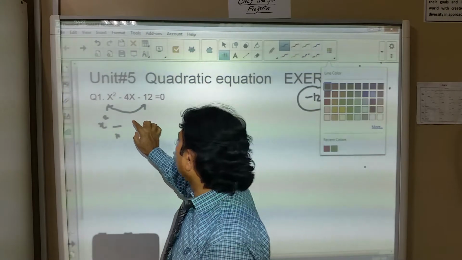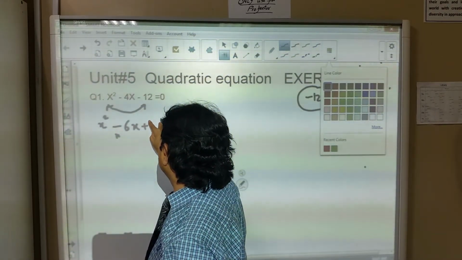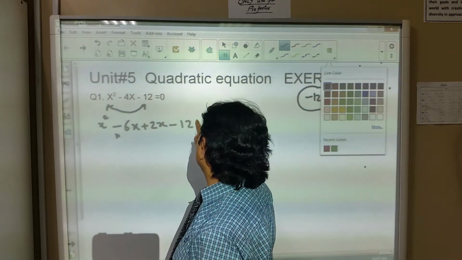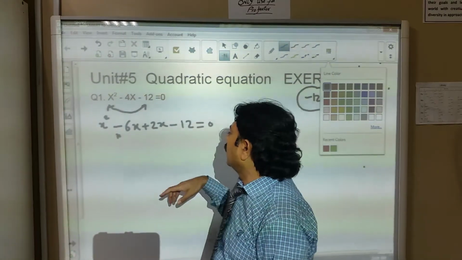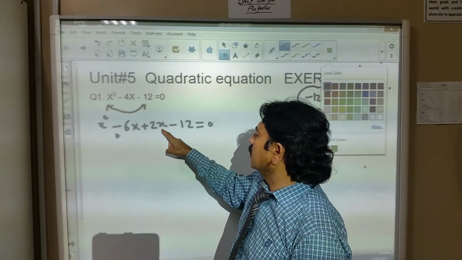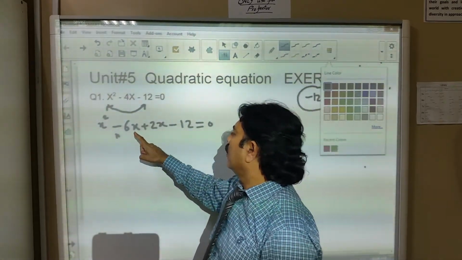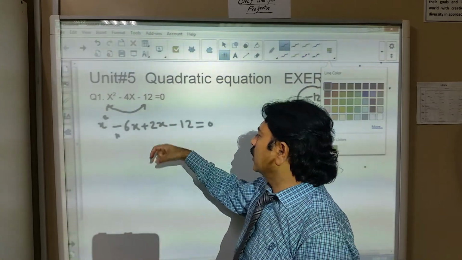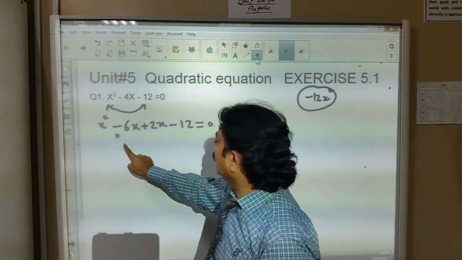So x square minus 6x plus 2x minus 12 is equal to 0. Now you see, when you multiply minus 6x with plus 2x, it will be minus 12x, and when you add, minus 6x plus 2x is minus 4x.